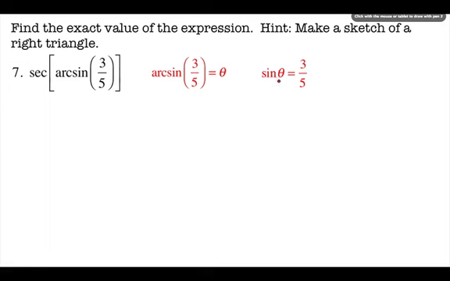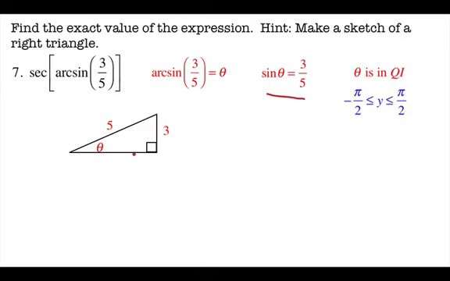Okay, so then from here, I need to keep in mind where theta is. Now, sine inverse is in the first quadrant and fourth quadrant. So since I have a positive ratio, I know that theta is in quadrant 1. Remember, this is the restriction that you have for theta or the y, from negative pi over 2 to pi over 2, which is quadrant 4 and quadrant 1. So now I take this information and sketch a right triangle.